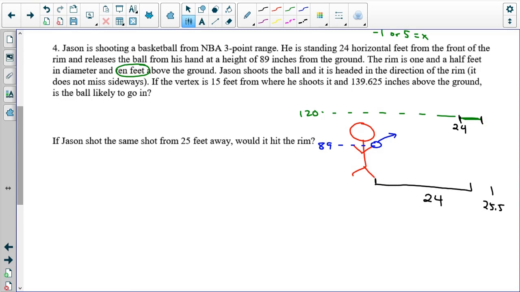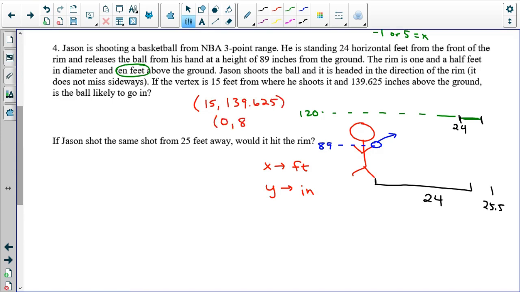So basically what we're looking at in terms of a graph is I'm going to make my x horizontal feet and my y vertical inches. And then I'm going to take a look at what's happening. So I know a couple points on the graph. I know the point (15, 139.625).